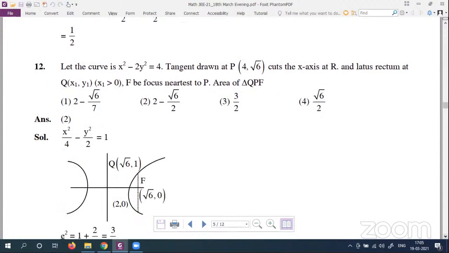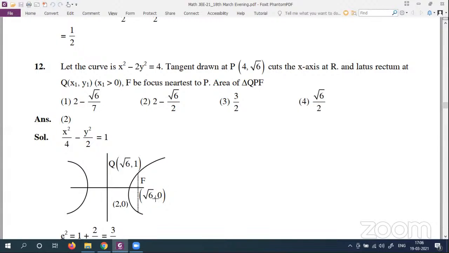Next. This is a curve given in this form: x square minus 2y square is equal to 4. Tangents are drawn at the point P, which will cut the x-axis at the point R, and the latus rectum at Q. F is the focus nearest to P. Then we need to find the area of triangle QPF.